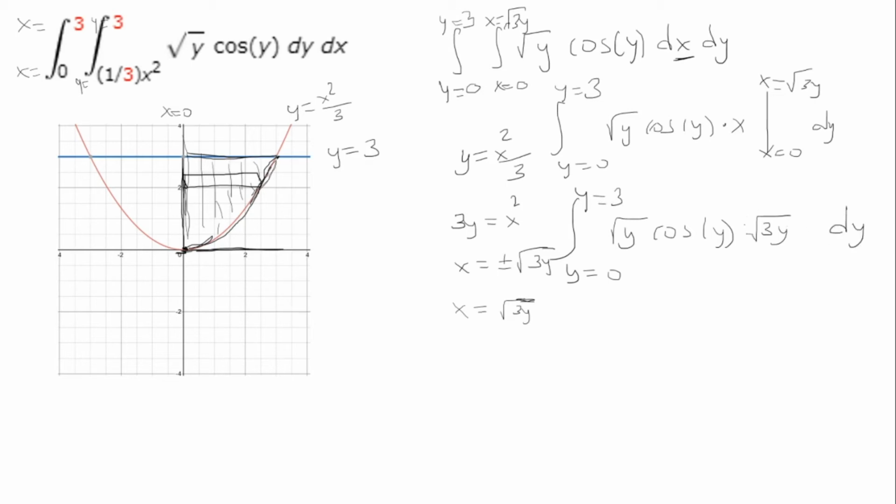Okay, now I can simplify. I have square root of y times the square root of 3y. You can think of this as the square root of 3y squared, which gives you square root of 3 times y. The square roots will cancel. And now we have cosine y left, and that goes from y equals 0 to y equals 3.